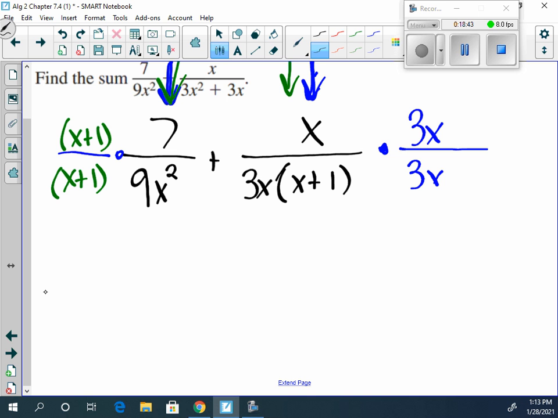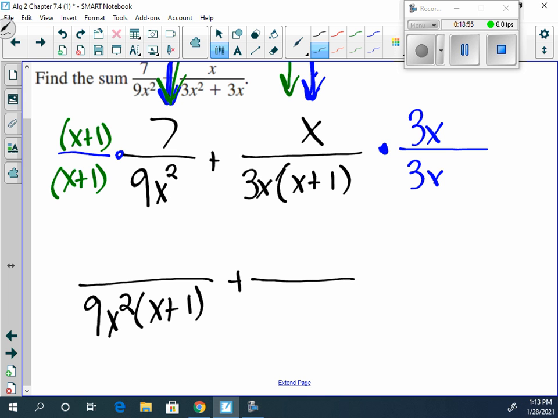Now, the denominators, we're not going to multiply out, because it's just going to be 9x squared times x plus 1. 3x times 3x will give us 9x squared times x plus 1. And when I say multiply out, I'm not multiplying through, we're not distributing through that x plus 1.